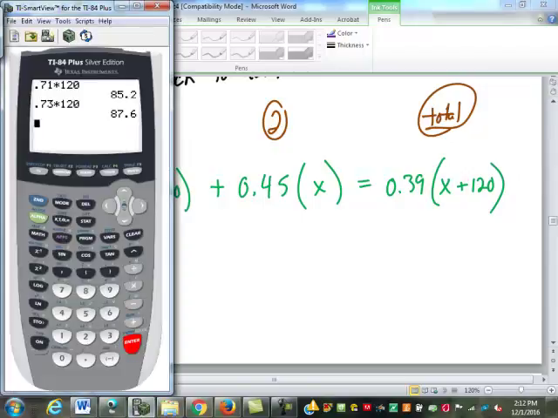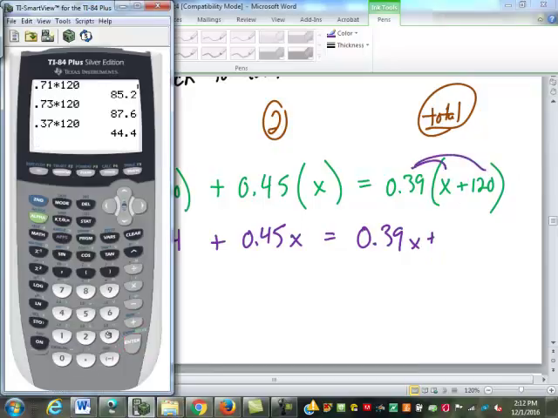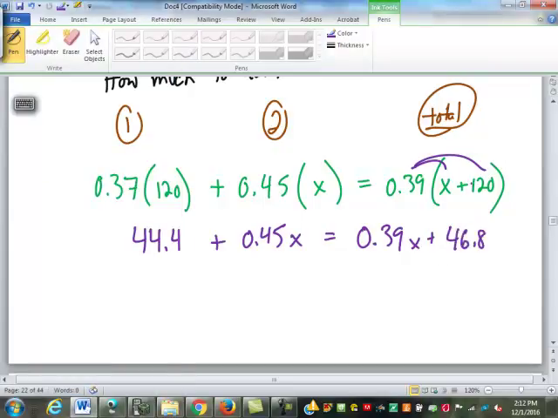So 0.37 times 120 is 44.4, plus, this is just 0.45x, equals 0.39x plus 0.39 times 120, 46.8. Now what do we do?